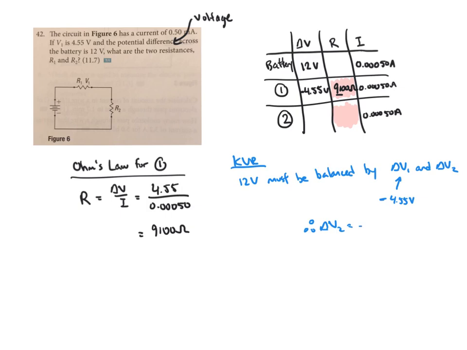That would be negative 7.45. Okay, that'll make it add up to negative 12. Okay, so now that I have that, now I'm ready to get resistor number 2. Ohm's law again.